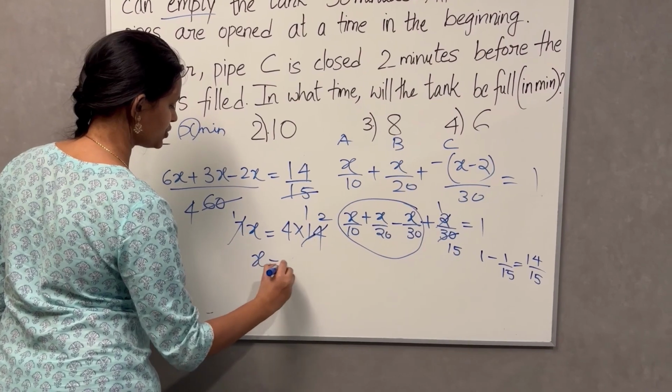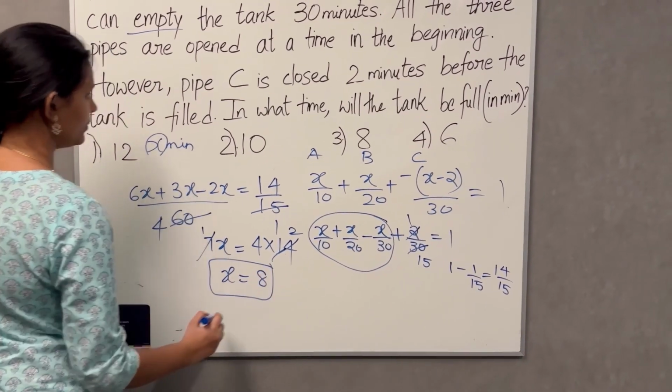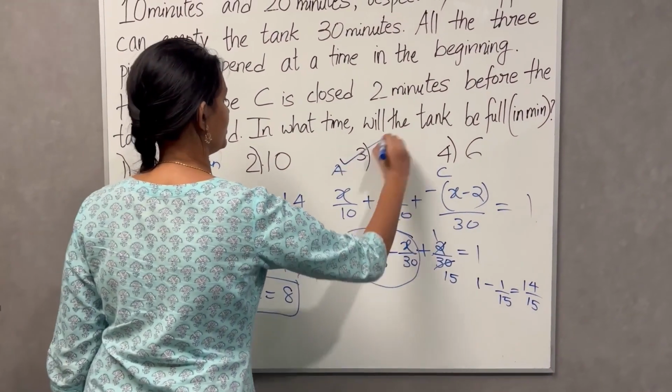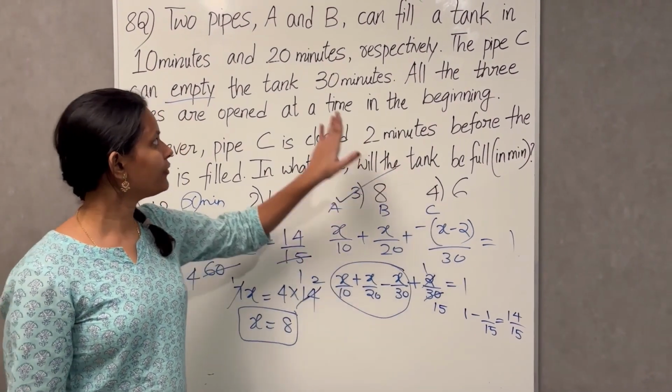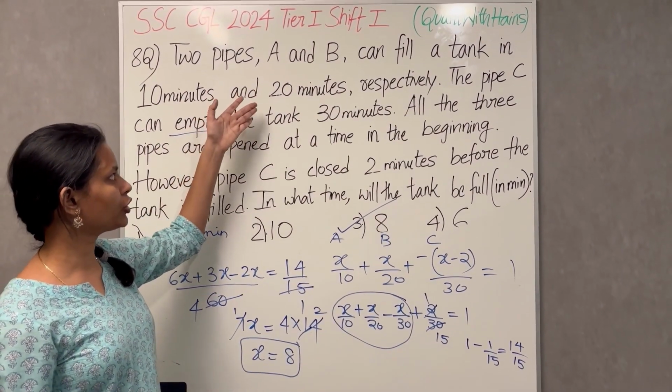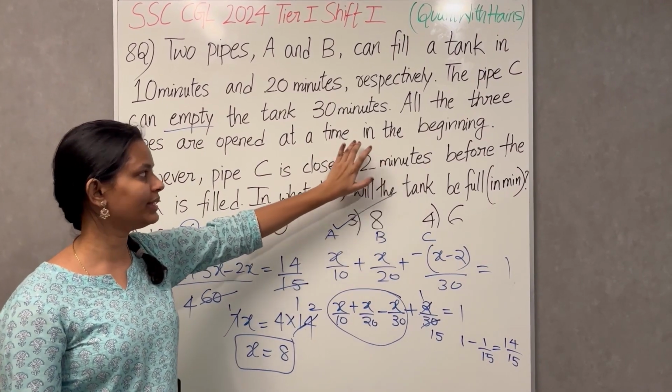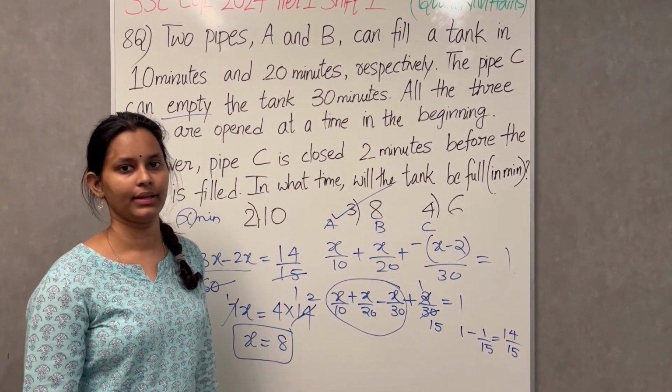So x equals 8. So option 3. So in 8 minutes, the tank is filled if A and B are open at the top and C at the bottom doing the negative work.